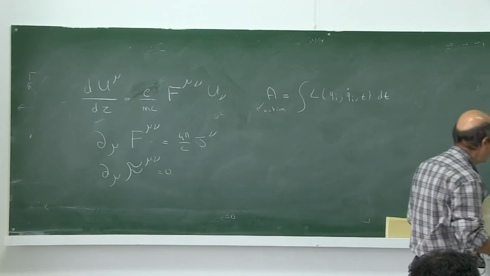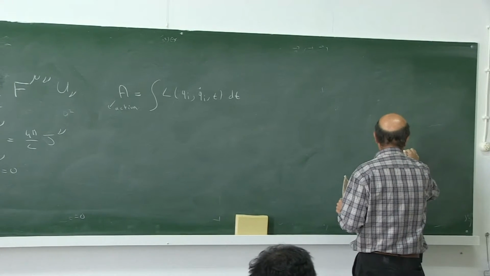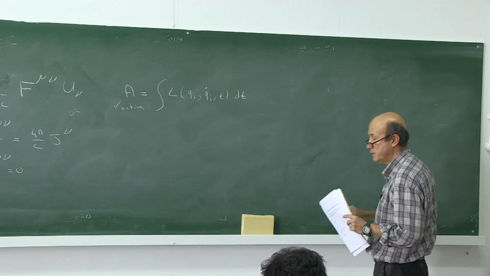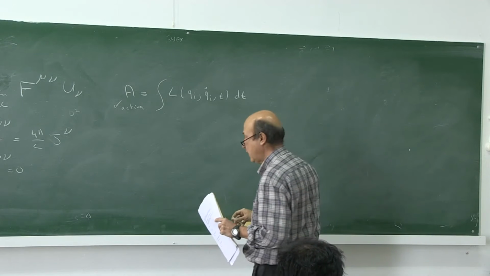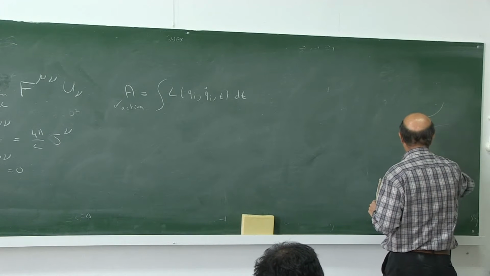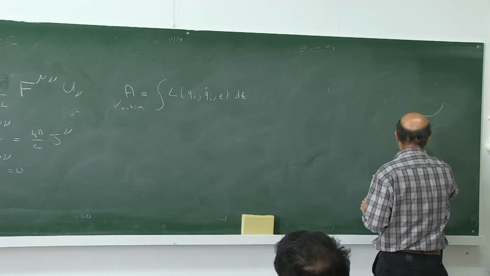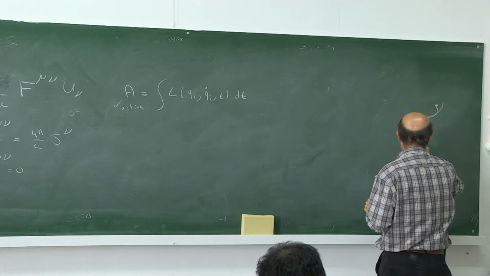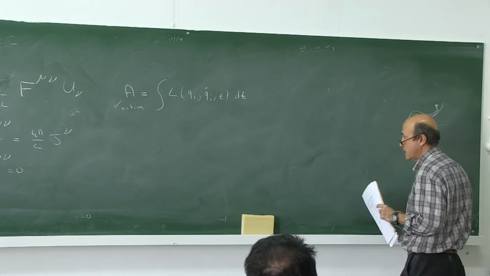If you have one point and you want to go to the other point under any Lagrangian, you have several options. You can fix the endpoints, and you still have several paths.